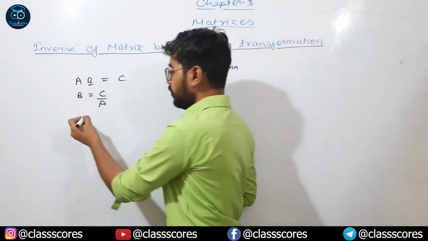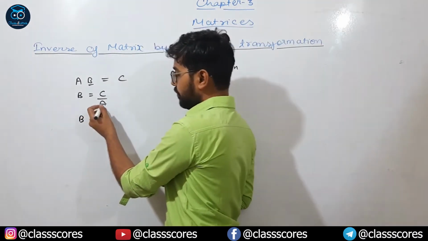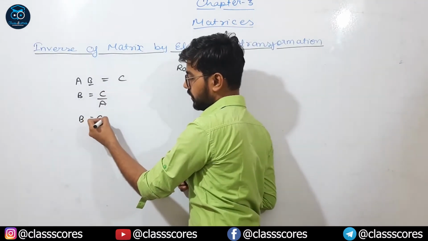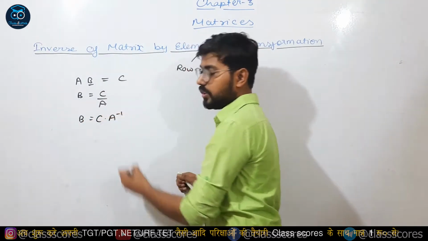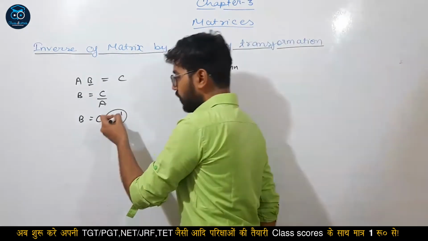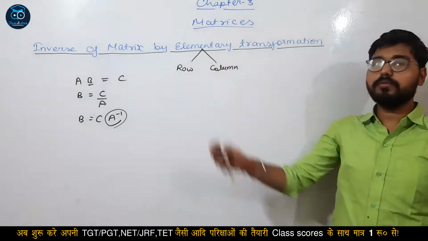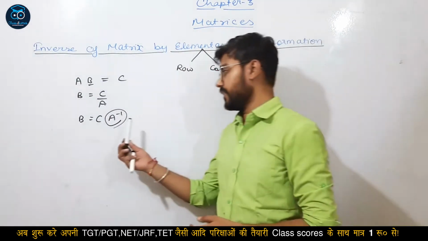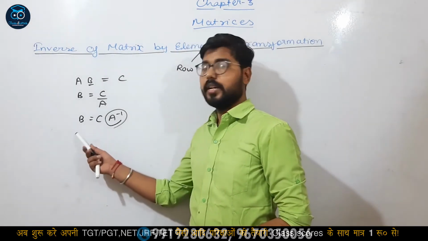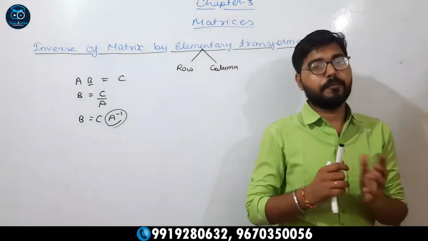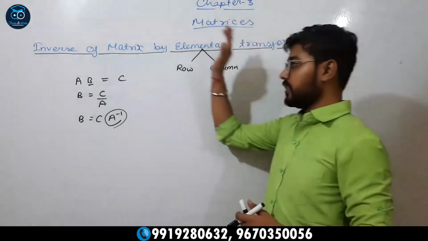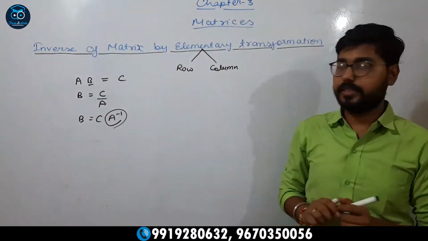Then we can simply take this A to the other side, so B equals A inverse into C. So for this we need to find the inverse of the matrix. If we find the inverse of matrix A, then we can simply multiply A inverse and C and we will get the value of B. Clear? Now we are going to understand this method with the help of an example.